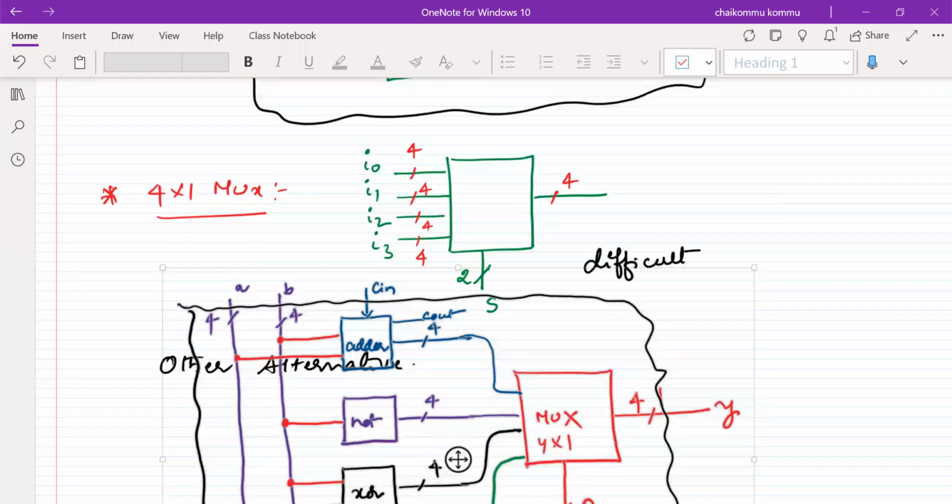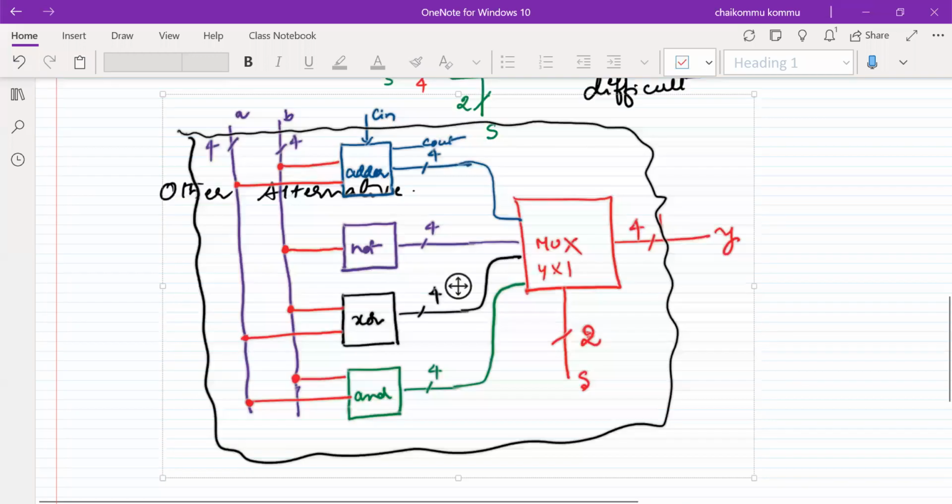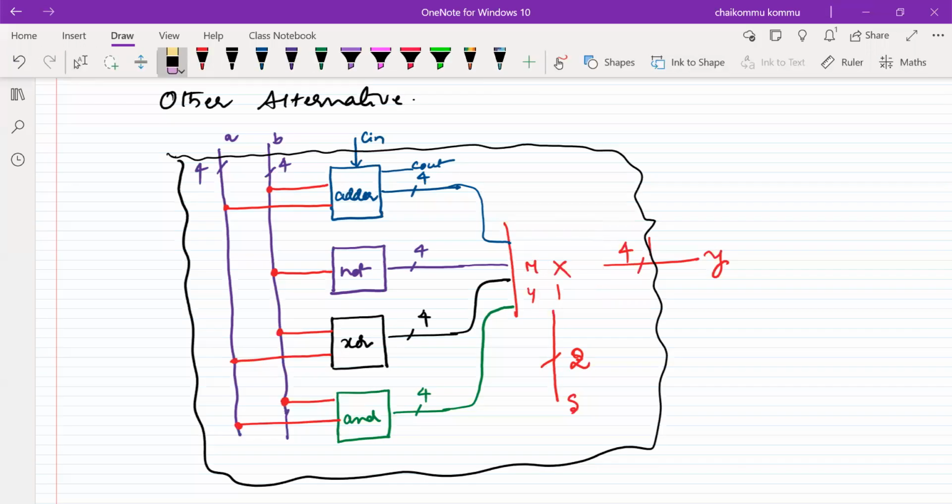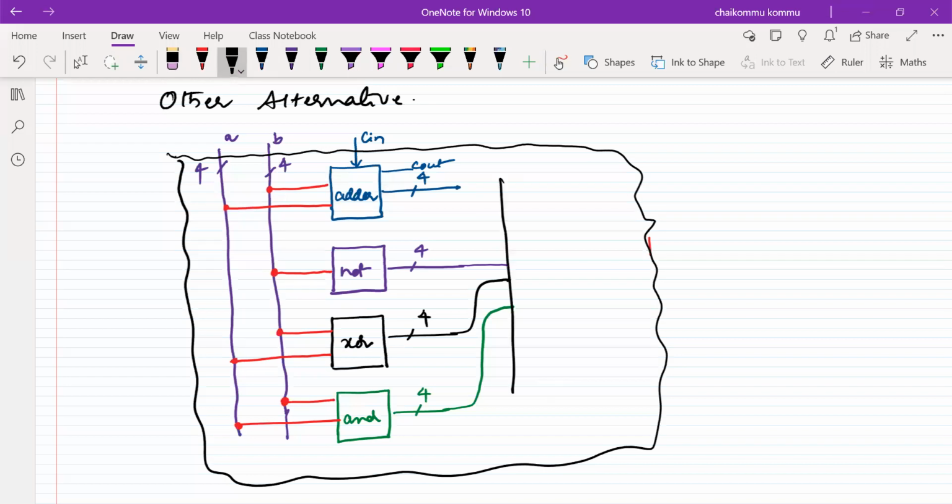See here. Instead of using this multiplexer, because I'm finding a difficulty, I cannot connect all the lines like this. It is a 4-bit size, and taking a single output, something else you cannot take like this.